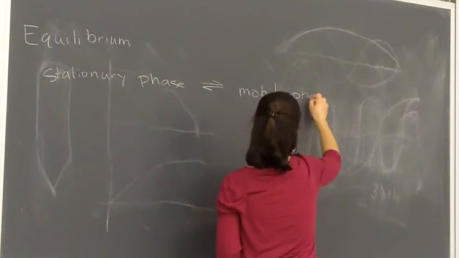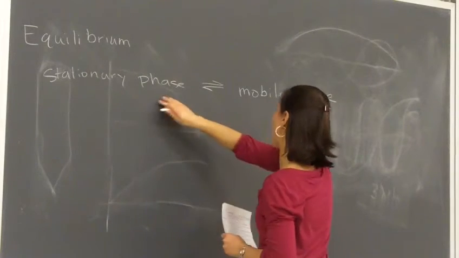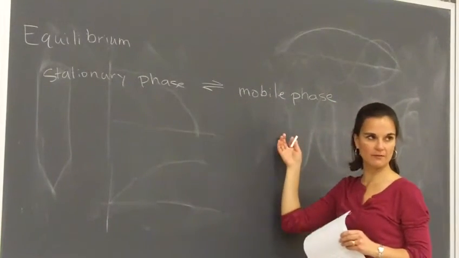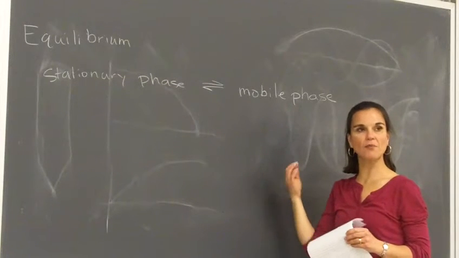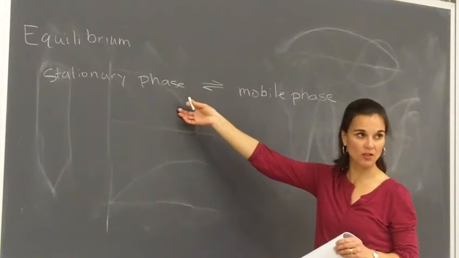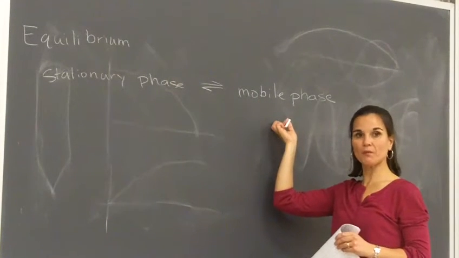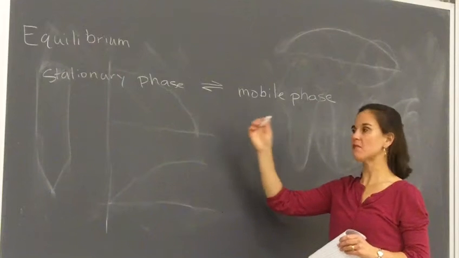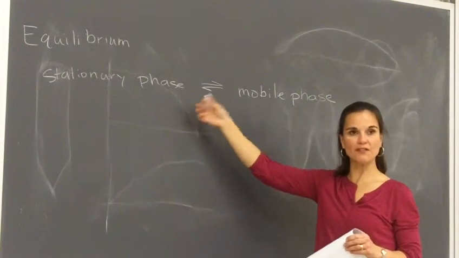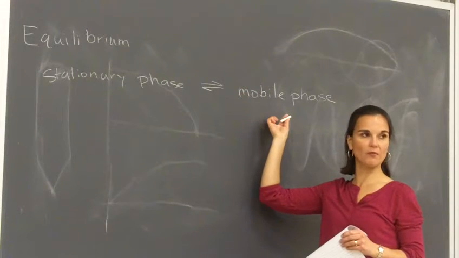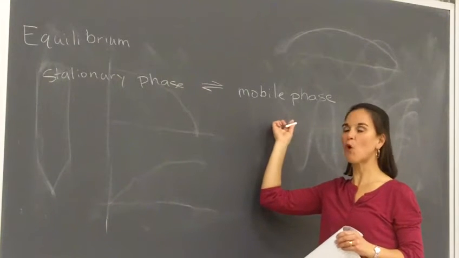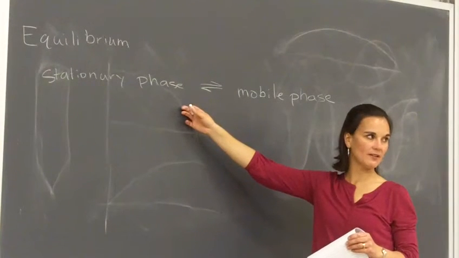And so the compounds that you are analyzing are going back and forth between these two, between the stationary phase and the mobile phase, okay? And depending on the polarity of the compound, it will spend either more time with the stationary phase or more time with the mobile phase, okay? If it spends more time with the stationary phase, it doesn't move as much as with the mobile phase, okay? If it spends more time with the mobile phase, it'll move more because it's not hanging out on the stationary phase.